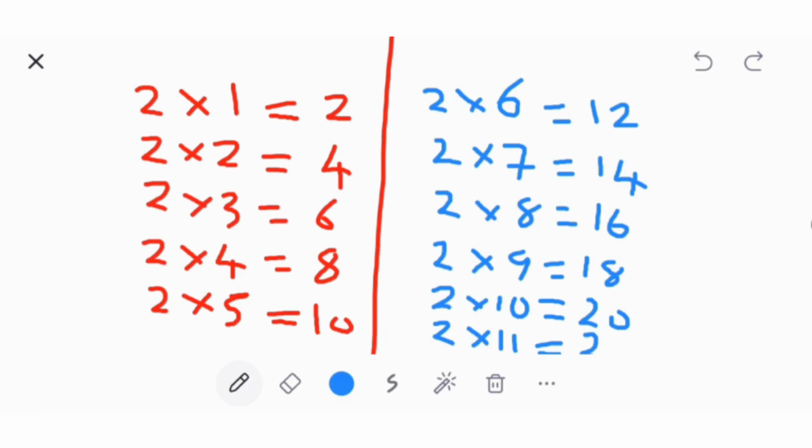Then finally 2 times 12, equals to 24. Okay, let me write it all.